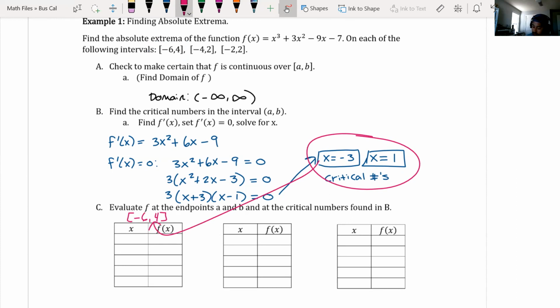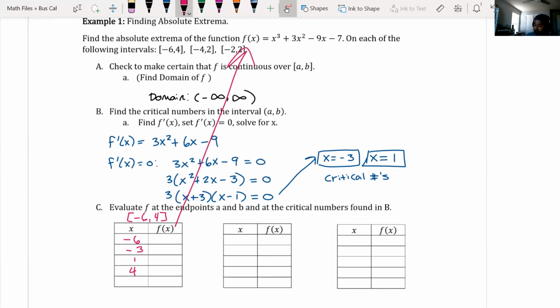Yep. Good. So when we put our x values down, I'm going to put them in order: -6, -3, 1, and 4. Those are the only numbers we need. And now we're going to plug them in to the original function.